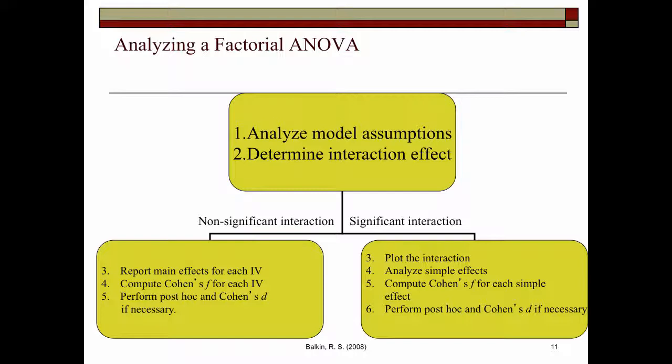Or we have a significant interaction, and we plot the interaction, and then we analyze simple effects. And then, of course, we compute effect sizes for each simple effect, and then perform any post hoc analyses that we would need for each simple effect. And I'll illustrate these in the coming lectures.